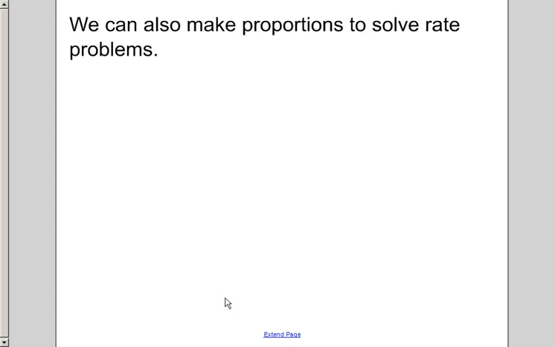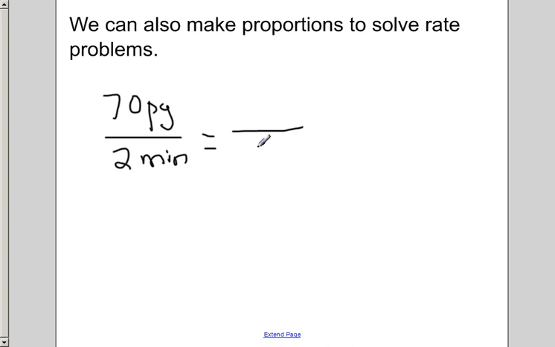We can also make proportions to solve rate problems. So I'll use my pen here, back to that first one. 70 pages in 2 minutes equals number of pages in 5 minutes.